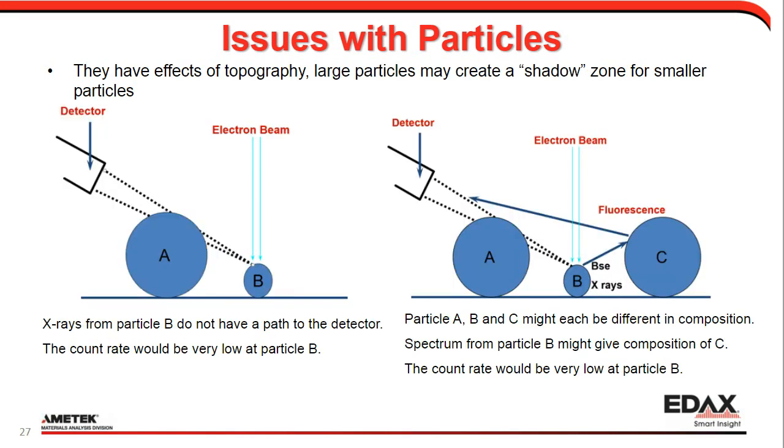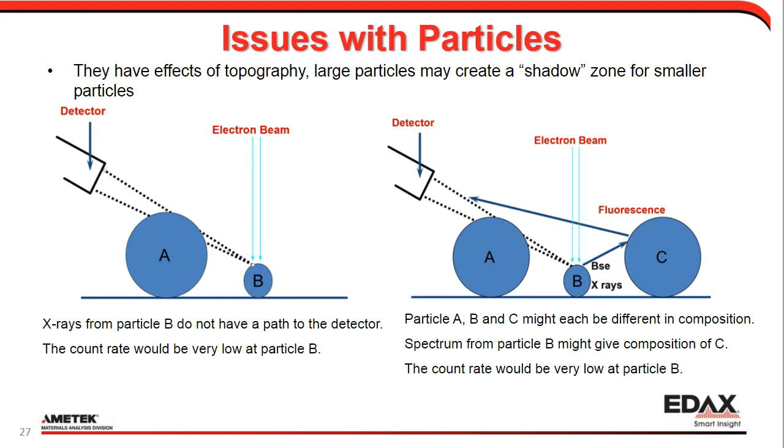Particles have effects of topography. Large particles may create a shadow zone for smaller particles. On the left-hand side, we see the X-rays from particle B do not have a path to the detector. The count rate would be very low at particle B. An even worse scenario is on the right-hand side.